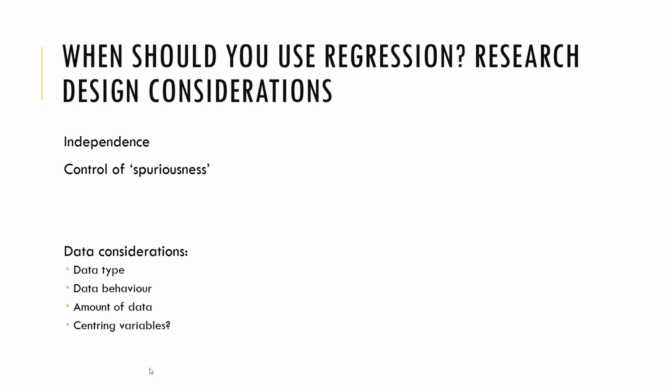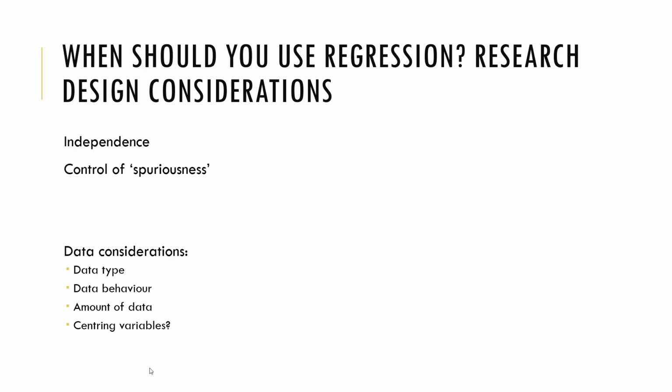So that would mean that the model is as good at predicting low scores on the outcomes as it is at high scores, and everything in between. So there are certain things your data needs to do, and some of that you can't know until you've collected the data. The amount of data is also important. We've already seen that the different types of multiple linear regression might require different amounts of data to work properly. That's another important consideration you have to really think about.